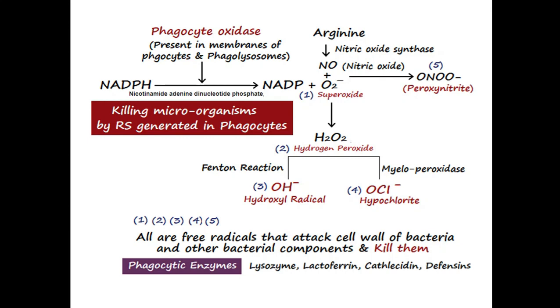In addition to the free radicals, the phagocytes also contain certain enzymes, for example lysozyme, lactoferrins, cathelicidin, and defensins, and through these phagocytic enzymes they make holes or perforations in the wall of the bacteria, and in this way kill it.